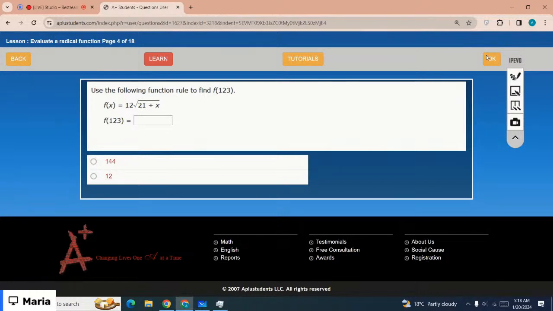So 123 plus 21 equals 144. And square root 144 equals 12. So 12 times 12 equals 144. Option number 1 is the correct option.